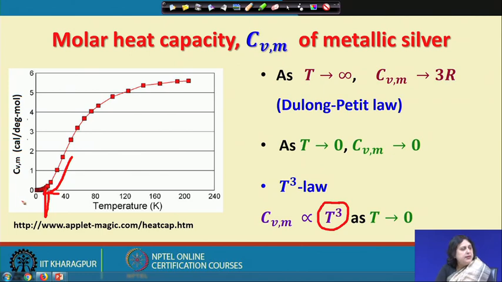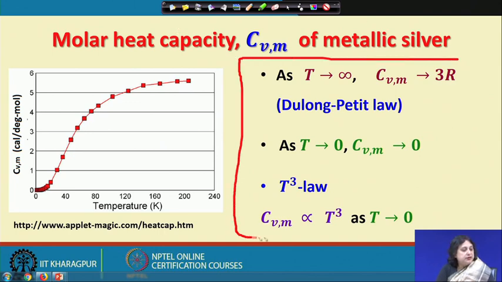Therefore, it is very clear that any microscopic modeling of a system like a crystalline solid has to reproduce this set of 3 different limiting behaviors of specific heat.